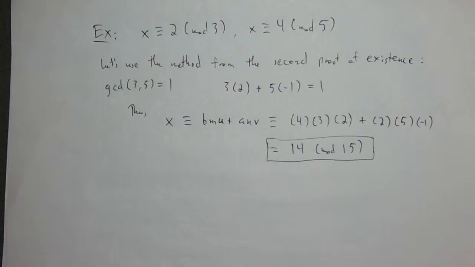But as I mentioned before, what you do is you pick two of those, and using either method in the proof of this previous theorem, you combine those two congruences into one congruence.